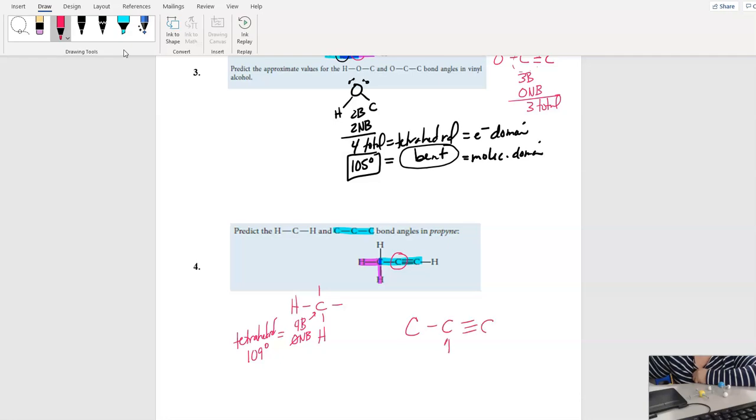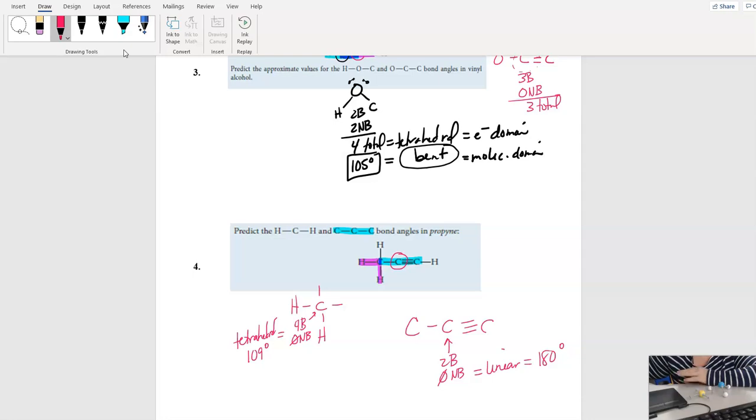I just need to focus on him. I see 2 bonding regions, and I know you're saying, wait a minute, there's 4. No, there's not. There's 4 bonds, but regions, 2 bonding regions, no non-bonding regions. Who has 2 and no lone pairs? That's linear, because there's no lone pairs, and linear is 180.